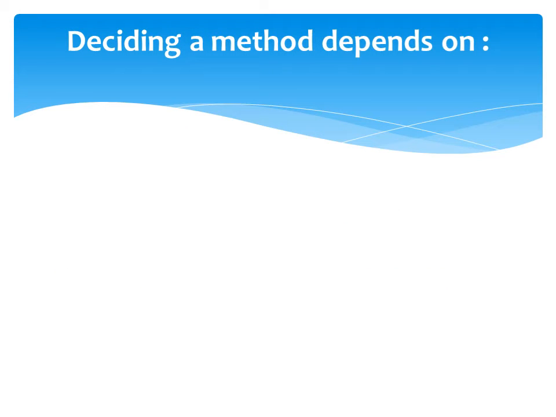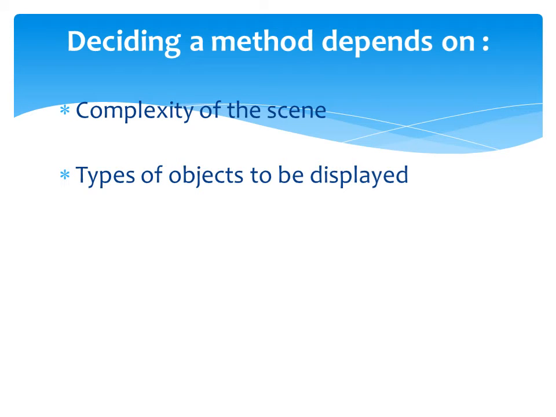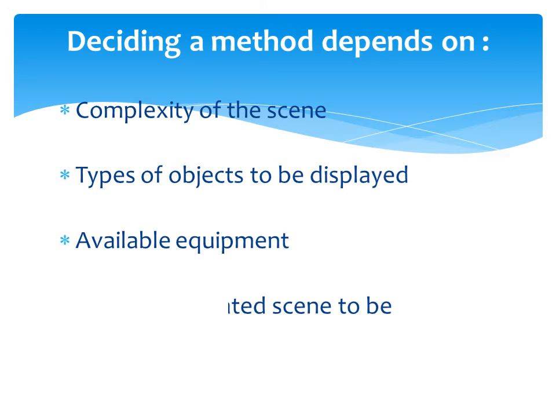As I told you earlier, there are many methods available for visible surface detection. Selecting a method depends on the following factors: complexity of the scene, types of objects to be displayed, available equipment, and whether a static or animated scene is to be generated. Depending on these factors, some methods can be selected.